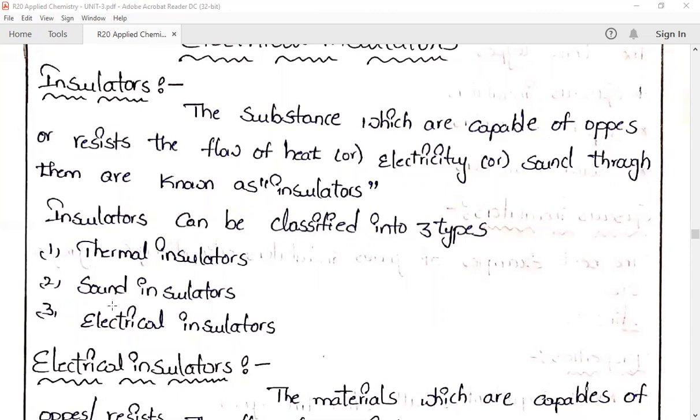Coming to the electrical insulator, the substance which prevents the loss of electricity through certain parts in an electrical system is known as an electrical insulator.